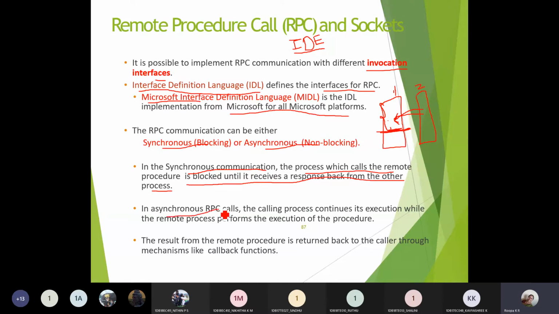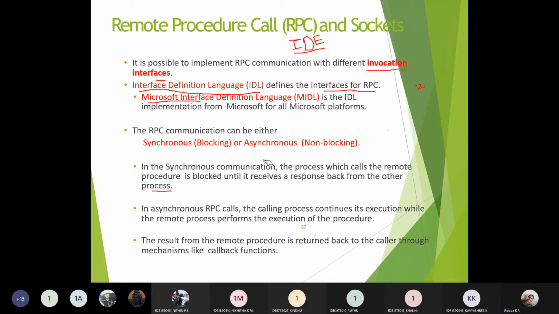Similarly you have asynchronous communication or asynchronous RPC, where, just a second, I'll erase this and I'll explain. Similarly, we'll consider two processes, process 1 and process 2.